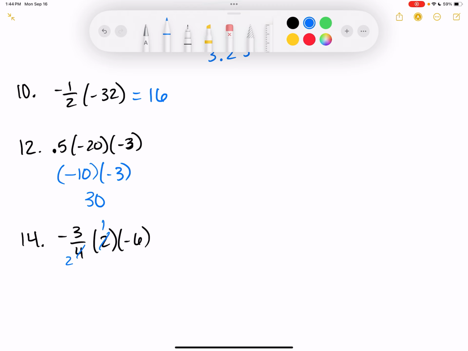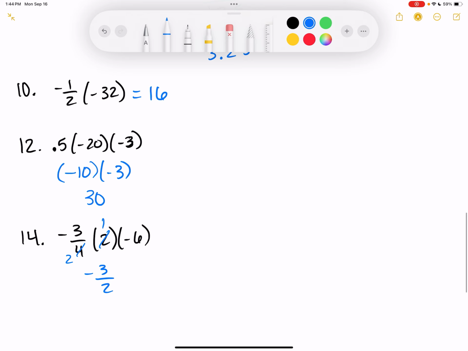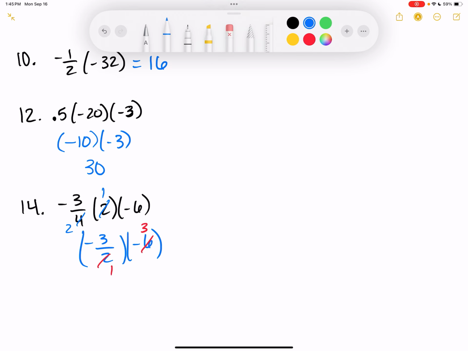So I have negative 3 over 2 times negative 6. I can reduce it down again. 2 and 6, that becomes a 1, and that's a negative 3. So negative 3 times negative 3 is 9.